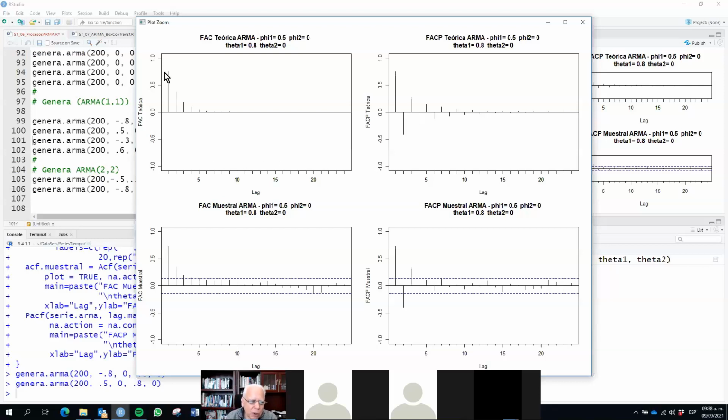As you can see, there's no alternating sign, but it's a very fast decay. Here, the alternating sign occurs in the PACF. The PACF indicates whether there are autoregressive components or not.